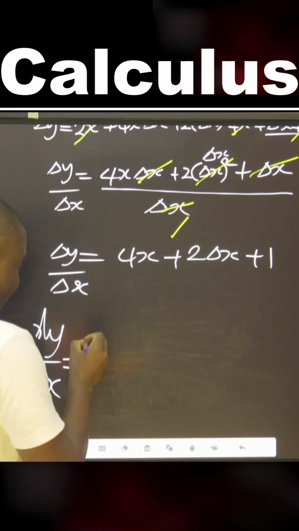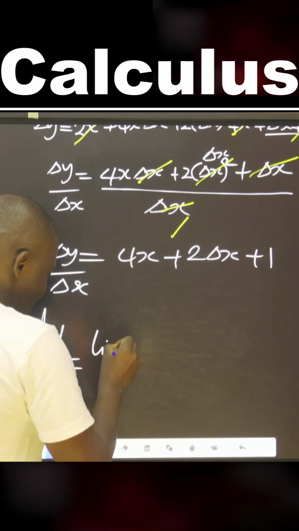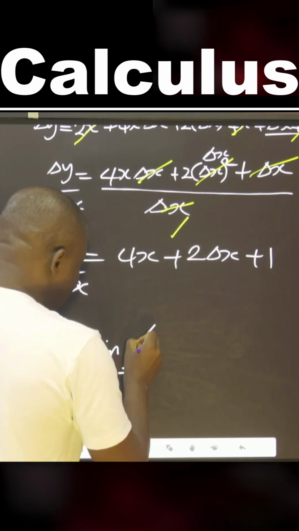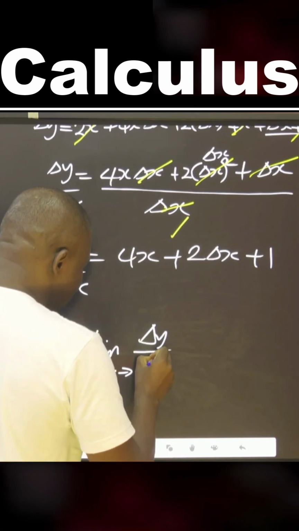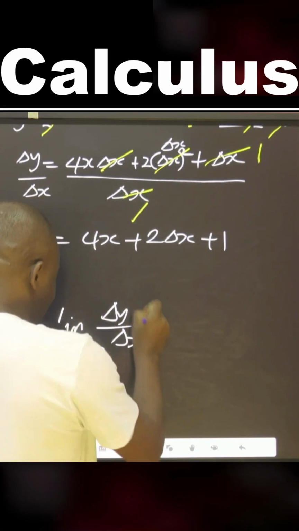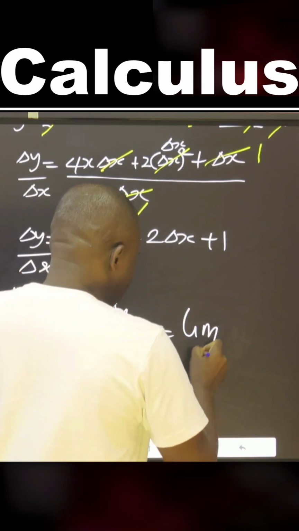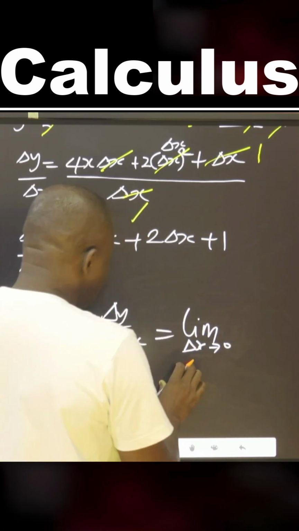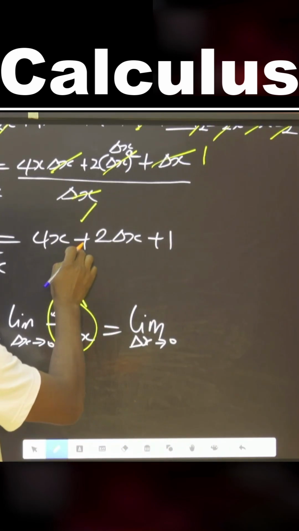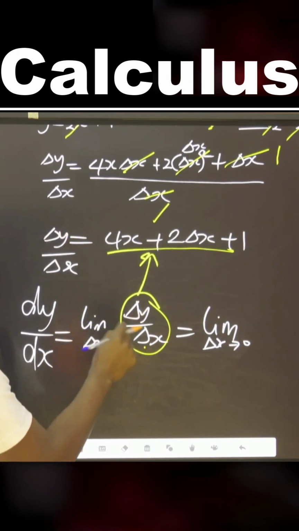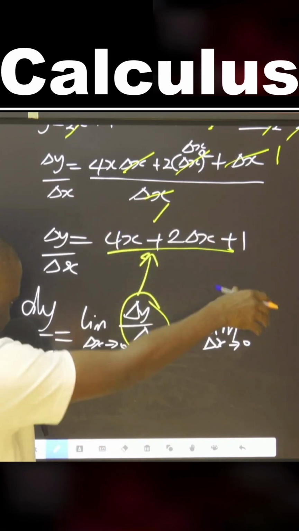It's equal to this limit, as this is going towards 0, this over this. That is the meaning. So what is the meaning of this alone? That is, as this is going towards 0, this simply means this, right? Is the meaning. Got it? This, the same thing. So we just remove this and put this here.